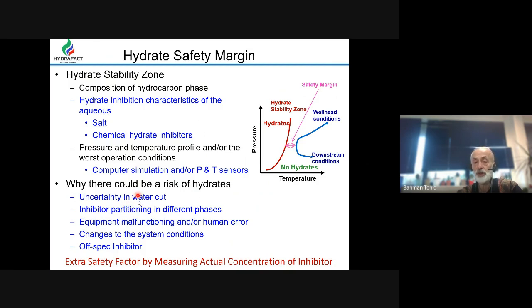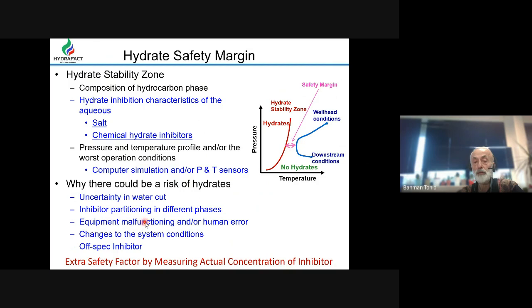Inhibitor partitioning: some inhibitors partition in different phases, and the amount of partitioning in different phases depends on the condition and type of inhibitor. For example, methanol will go a lot into the gas phase. On the other hand, MEG goes very little. KHI normally doesn't go to the vapor phase. So all of these become important.